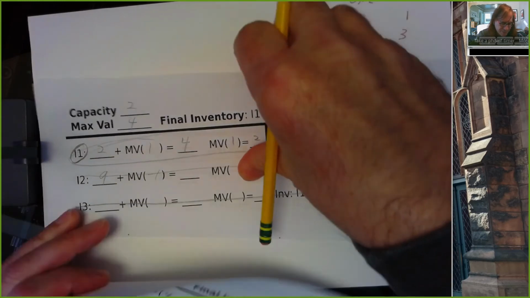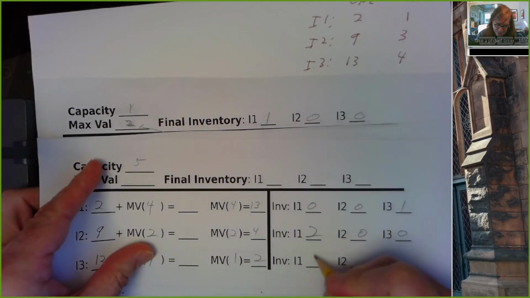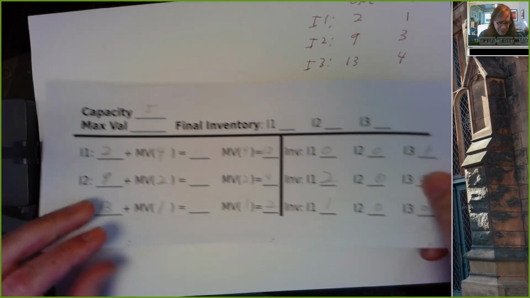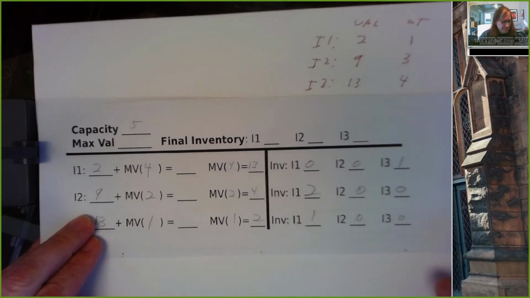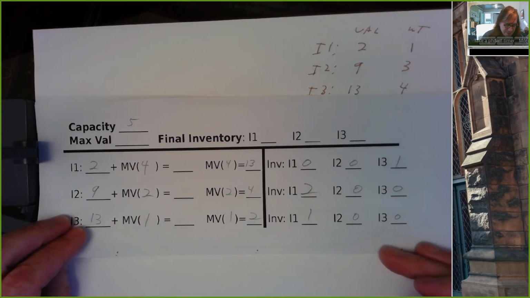And max val of 1 is 2, and the inventory is 1, 0, 0. And all of these recursive calls now are just effectively going to do just lookups in your cache. Just pulling out of an array of integers and inventories.